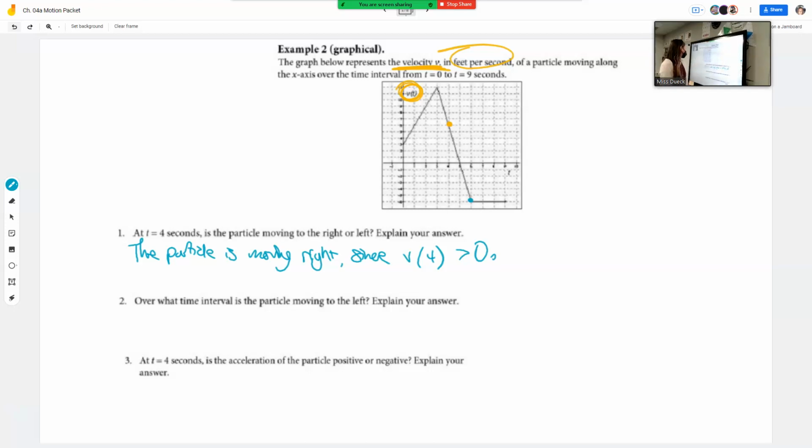Over what time interval is the particle moving to the left? Why am I able to say the particle is moving left? And I'm going to use an open interval from 5 to 9. Ooh, hold on.